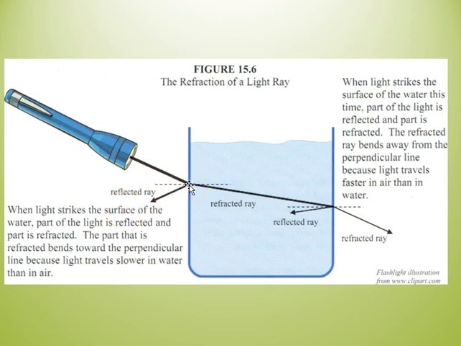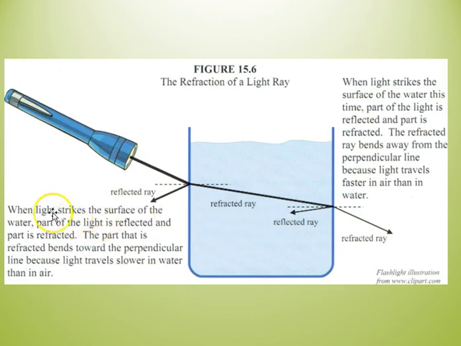Refracted light passes through the container to the other side, and you see another perpendicular line, and the refracted ray actually bends again, and another reflected ray bounces off into the water of the container.